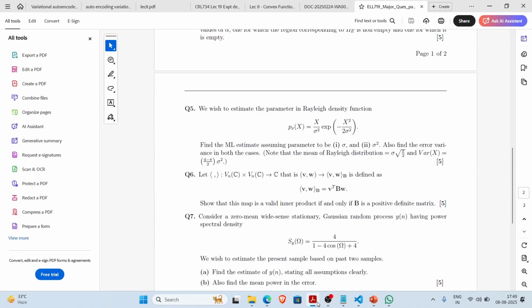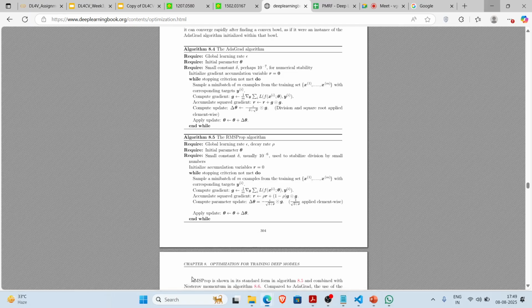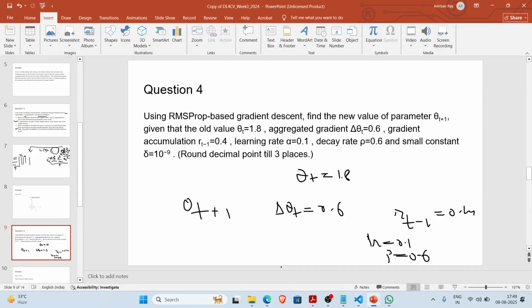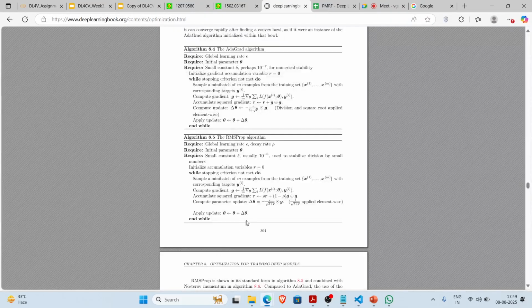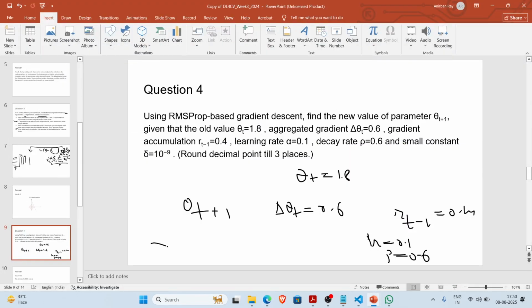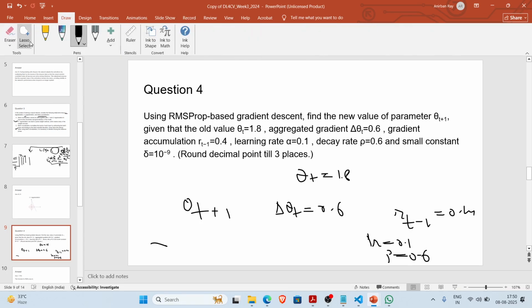Look at this formula. Parameter update is required. First write theta t, that is 1.8.